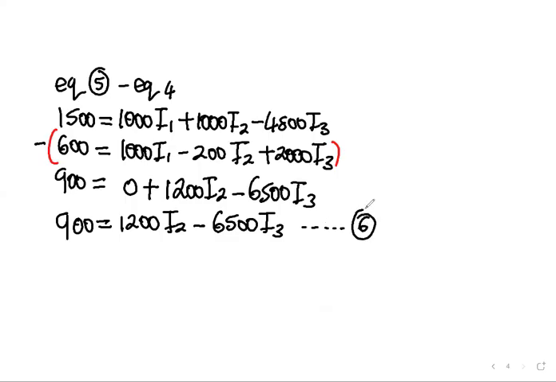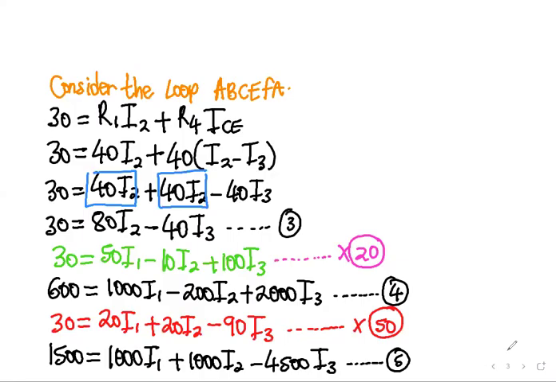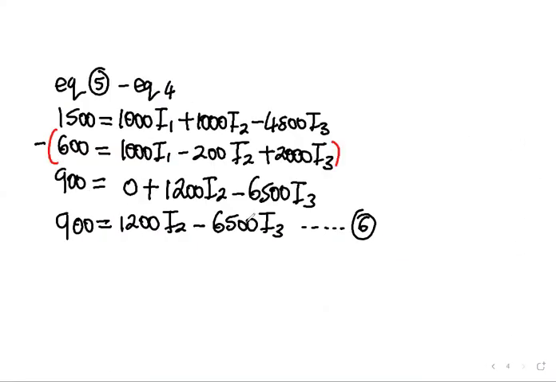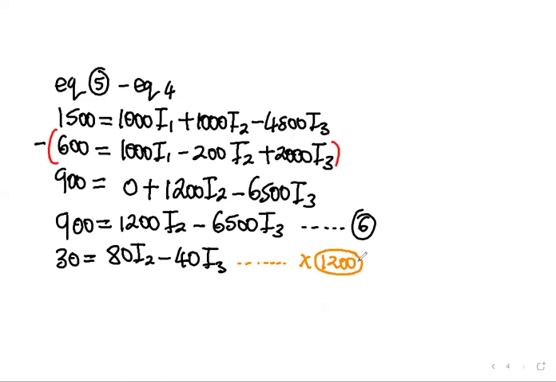So after getting our equation number 6, we're going to write, was that equation number 3? Yes, you take equation number 3, see this, you write it. It's going to be 30 is equal to 80 I2 minus 40 I3. Now this equation, what are we going to do? We are going to multiply by 1200, right?